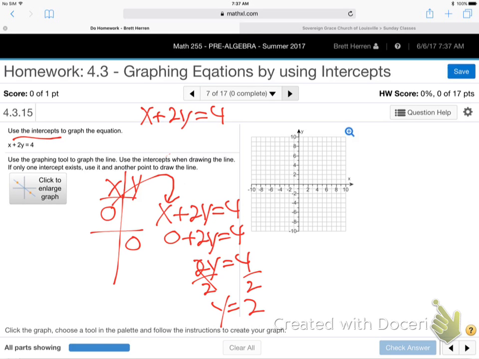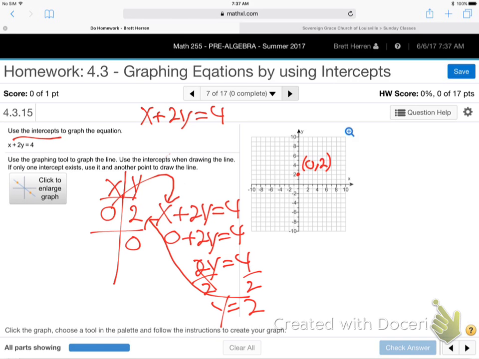We practice equations, and now we use them in graphs, and just keep building, building, building. Over 0 up 2. There it is. There's one of the dots.